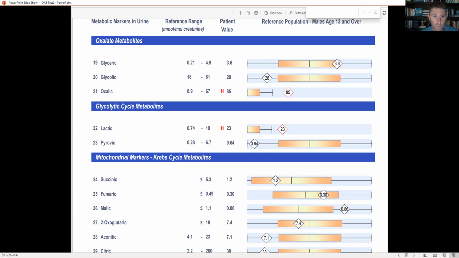Now, normally we convert lactic acid into pyruvic acid, and then pyruvic acid moves into the Krebs cycle, right, where it gets turned into a whole lot of ATP and cellular energy.